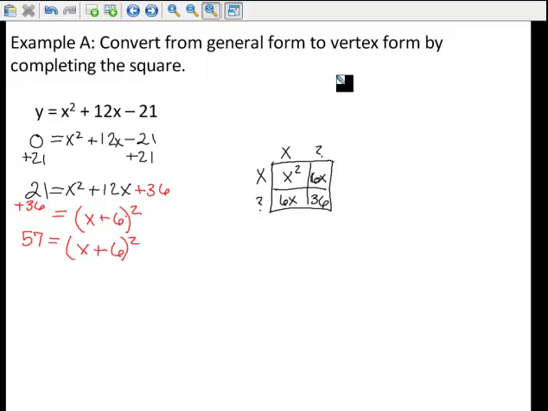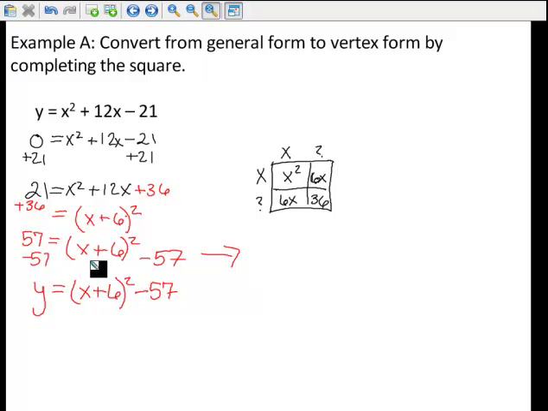And then if we want to write that in vertex form, we can get rid of the 57 and say x plus 6 squared minus 57. Okay? And then we can also solve for our roots. So if we go from here and we want to say, okay, what is x?